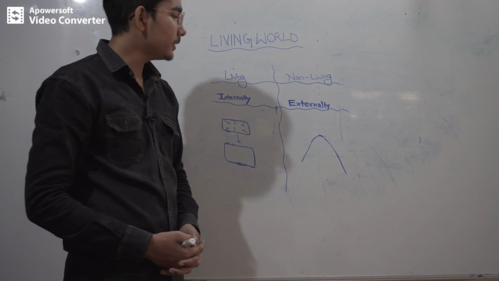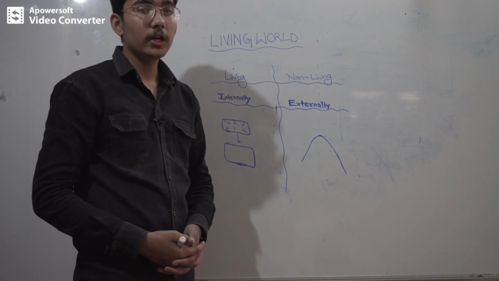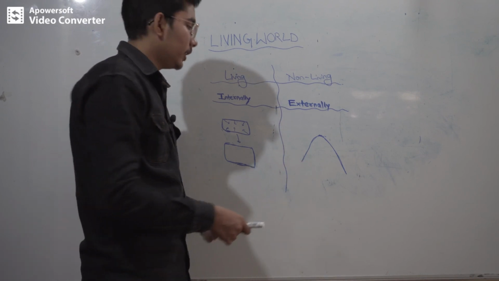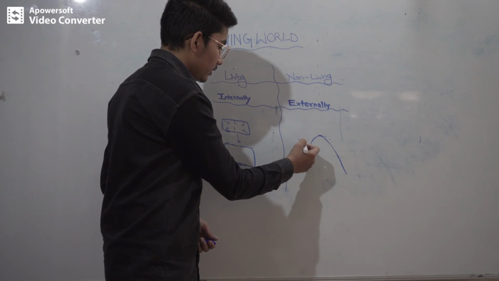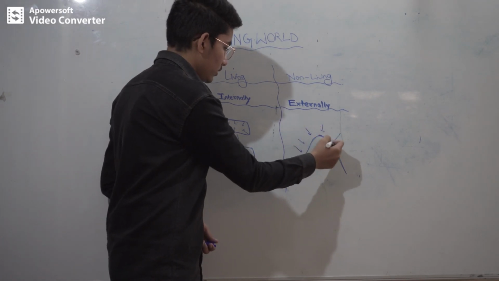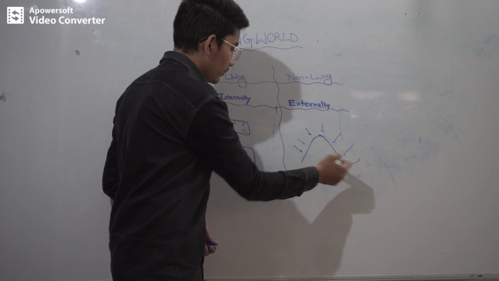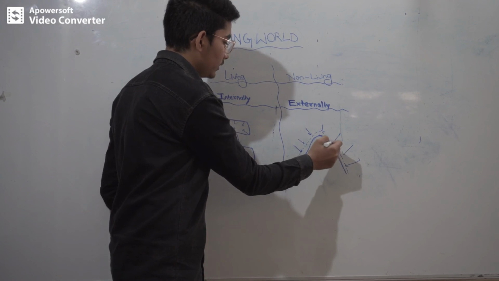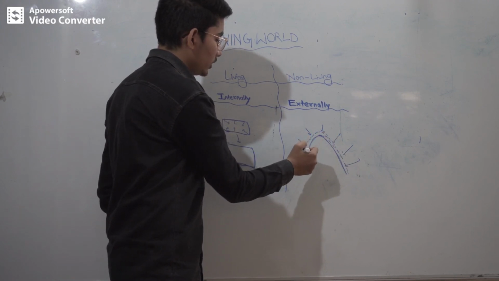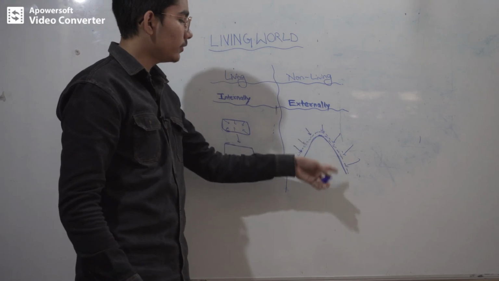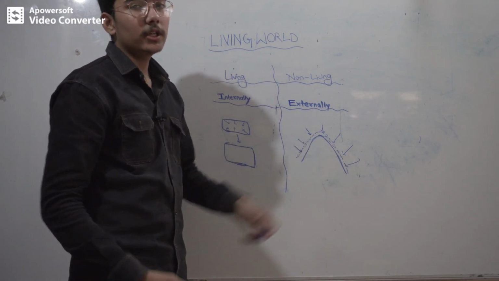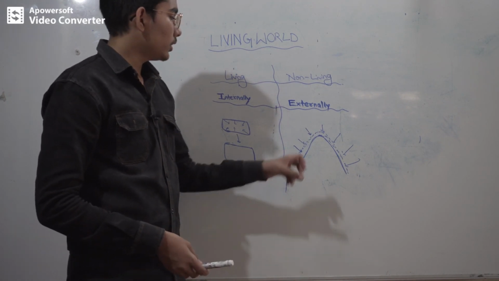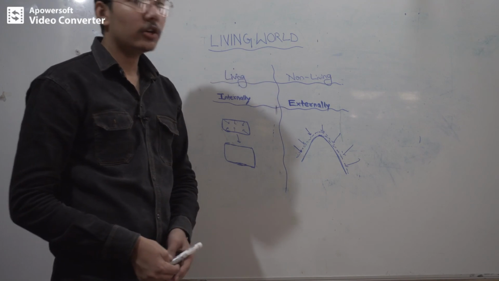So every tree and plant on the surface of the mountain grows, and the growth is shown externally. Now, as the components present on the surface of the mountain increase, the overall size of the mountain also increases. That's why the growth is shown externally in non-living things.